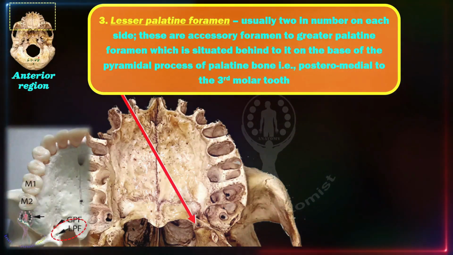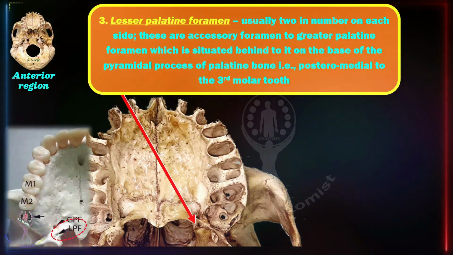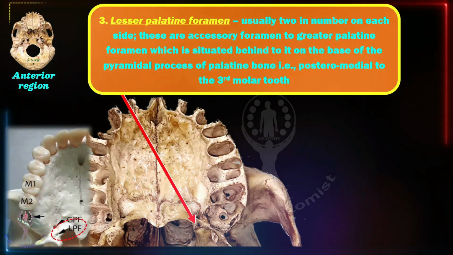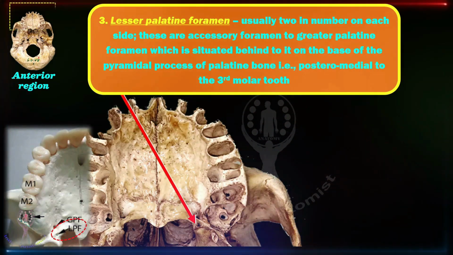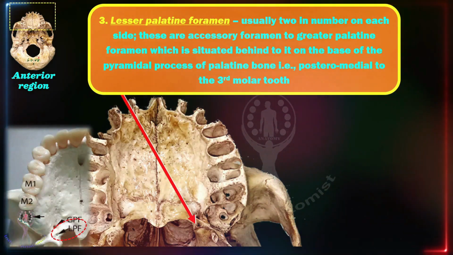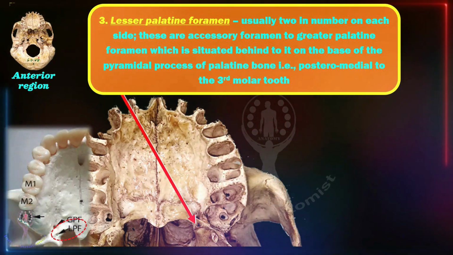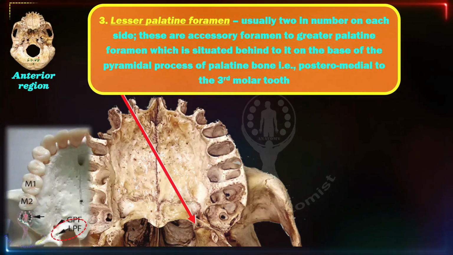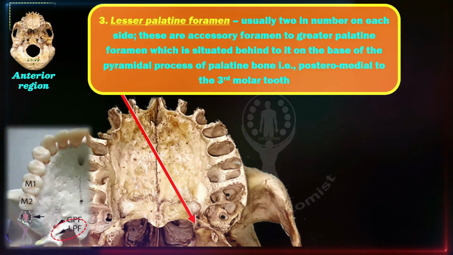The next foramen is lesser palatine foramen. Usually these are two in number on each side. These are accessory foramina to the greater palatine foramen, which is situated behind to it. In this picture, we can see the tip of the arrow showing the foramina.